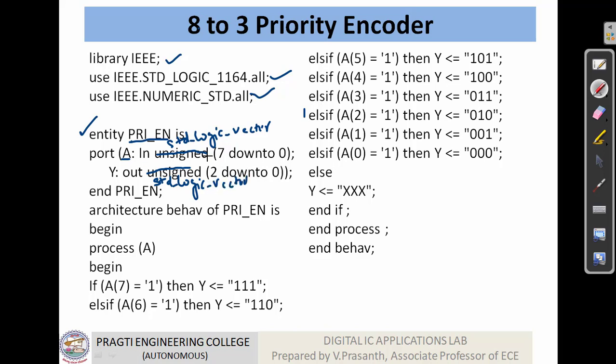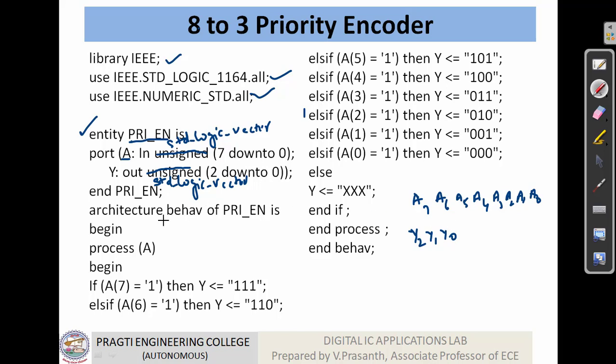So here A is 7 down to 0, and output Y is 2 down to 0. 7 down to 0, I have already told you, means A7 is the highest priority, A6 next priority, then A5, A4, A3, A2, A1, A0. So like this, the output is Y2, Y1, Y0.